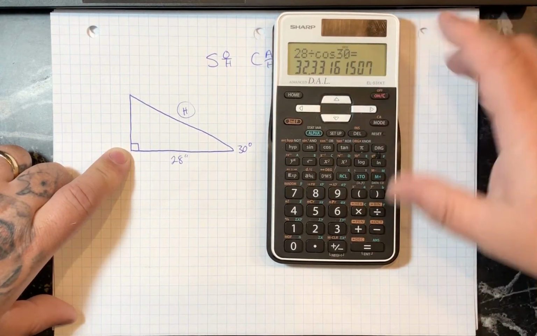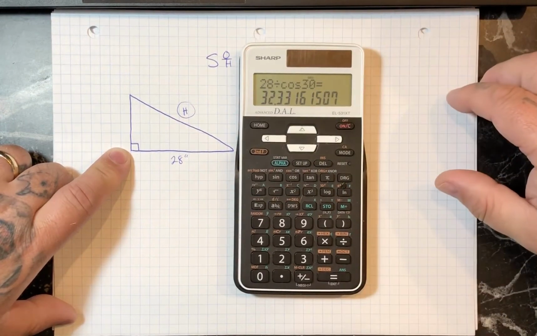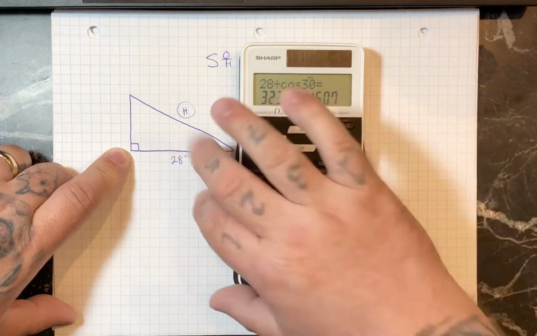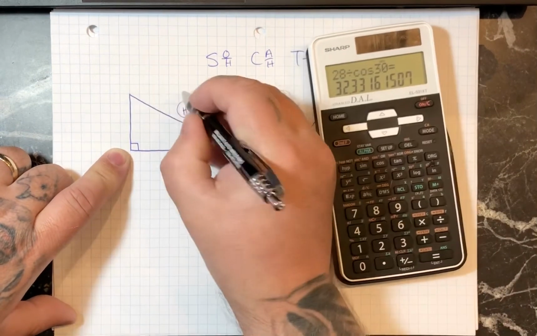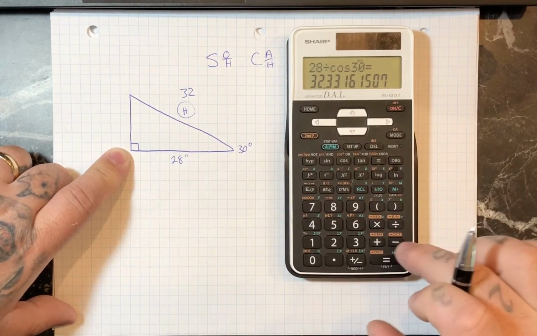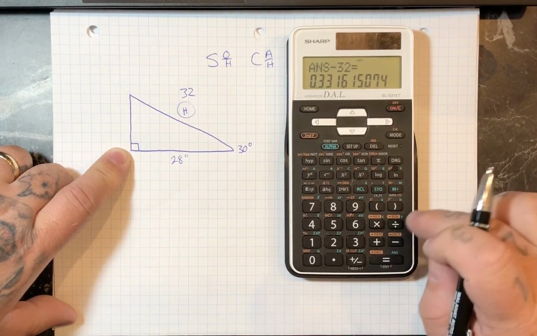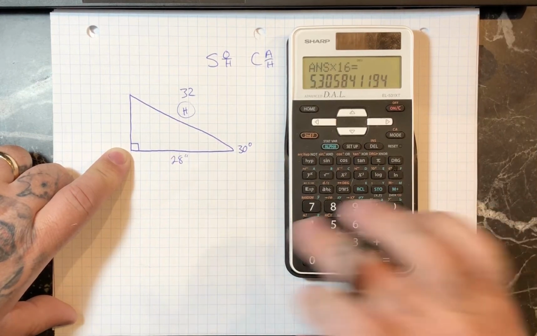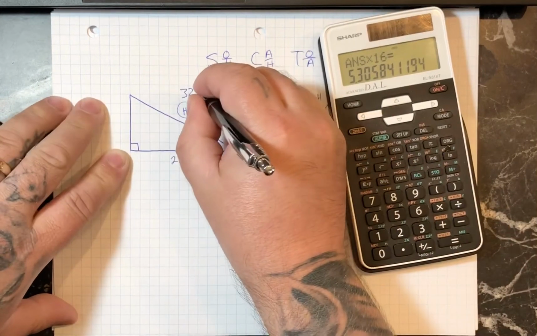And then I end up with the right answer, which is 32.3316, which is close to 32 and 5/16.